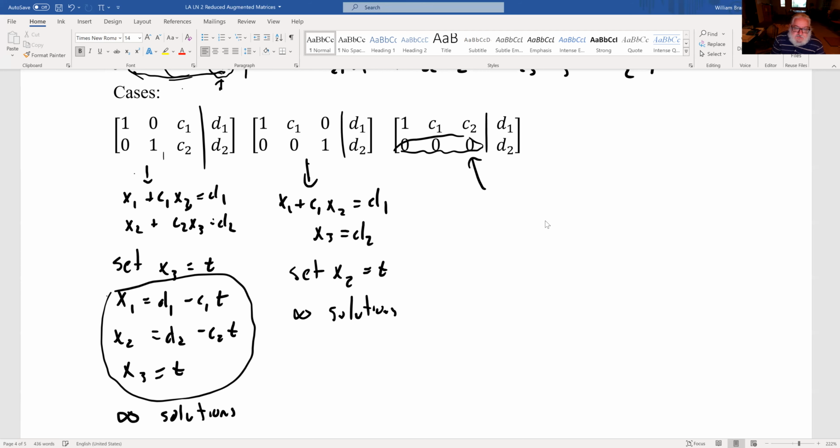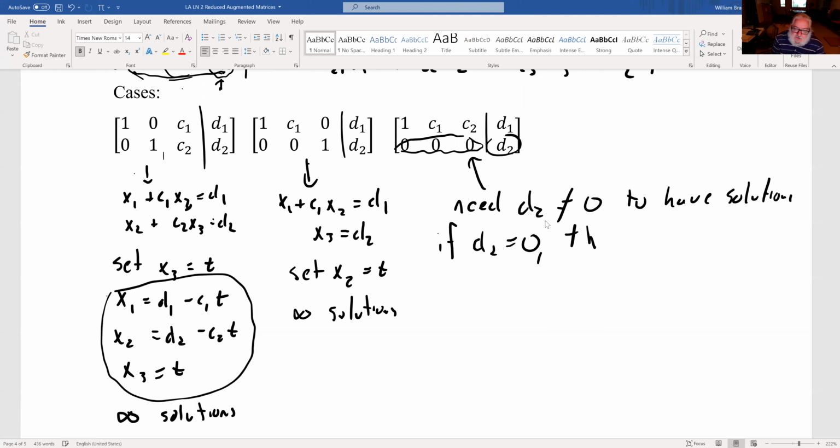A row of zeros and something in the solution column, we need D2 not equal to 0 to get any solutions. If D2 equals 0, then 2 parameters, because we have 2 columns where we don't have a leading one.